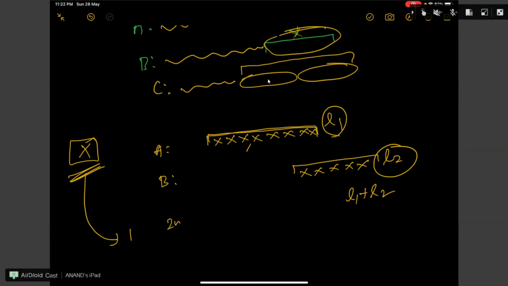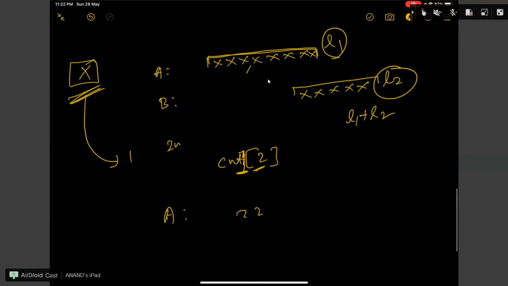No, basically you will be using either a map or some count array. That count array we will be pre-calculating for A and B. Let's say count 1. Count 1 of 2 will store the longest length of consecutive equal elements equal to 2 in A. So let's say A consists of a maximum of 5 length 2's.